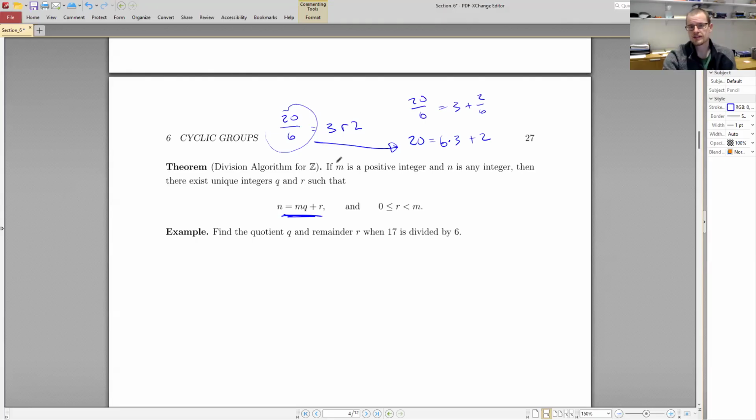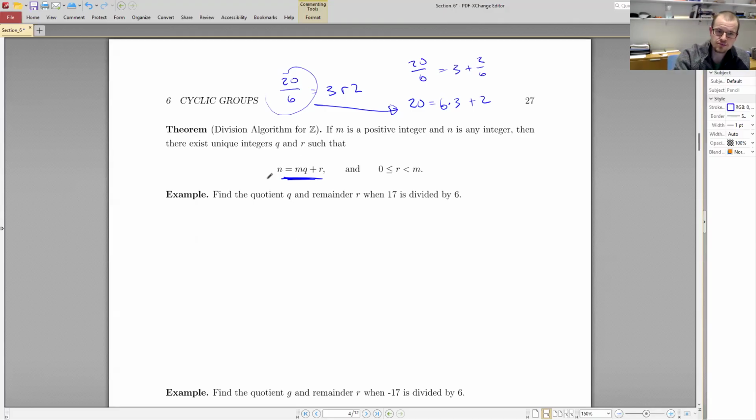Okay, so we see a basic example here where we look at it from the perspective of performing some division, hence division algorithm, whereas in our following examples, we want to recognize this particular form to begin with, when 17 is divided by 6.